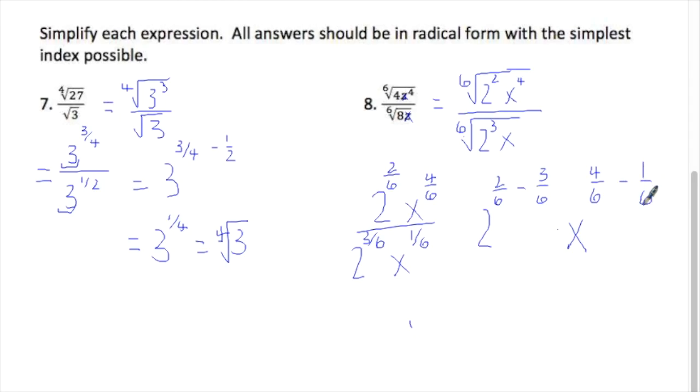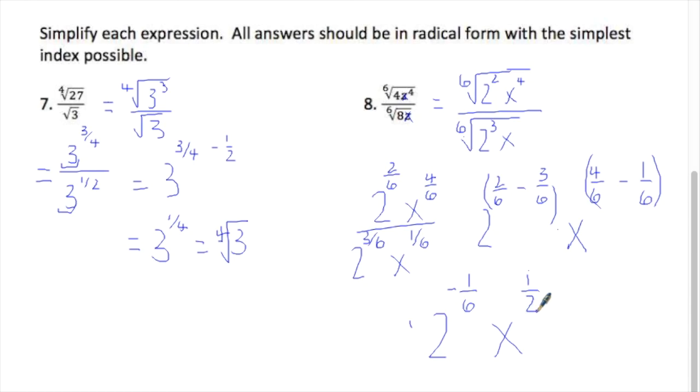Let's put these exponents in parentheses. 2/6 minus 3/6 is negative 1/6. So we have 2 to the power of negative 1/6, and x to the power of 4/6 minus 1/6 is 3/6, which simplifies to 1/2.